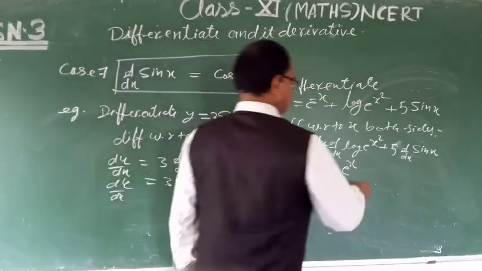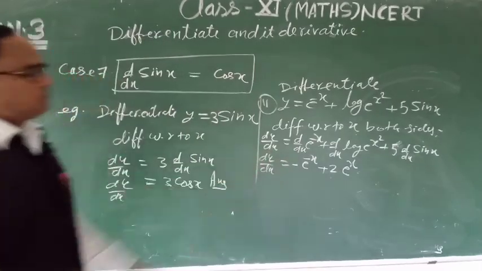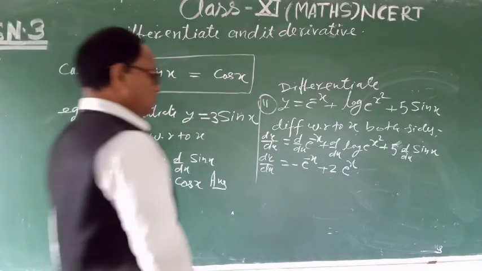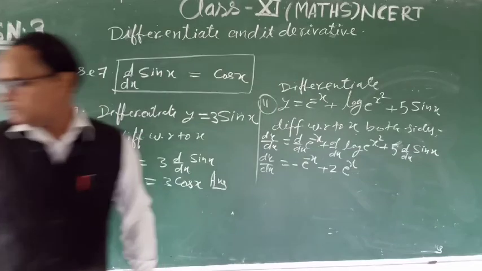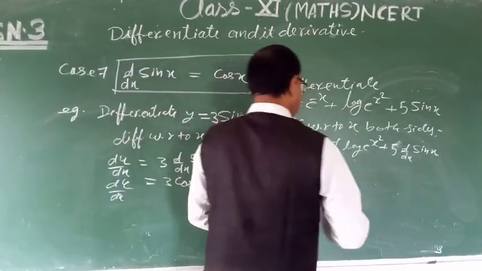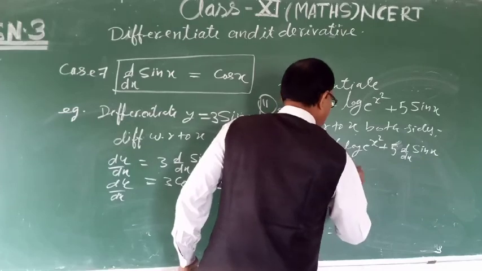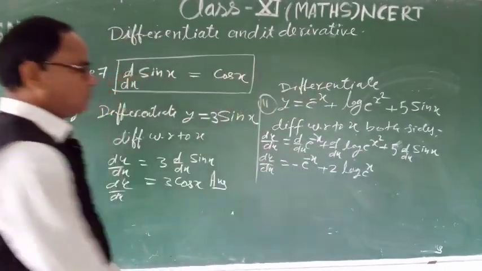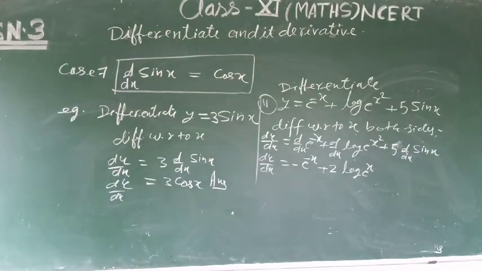Okay, student? 2 e to the power x we can write here. Okay, student? Log e x square is 2 log e to the power x, 2 log by the formula here. Log e to the power x by the formula.